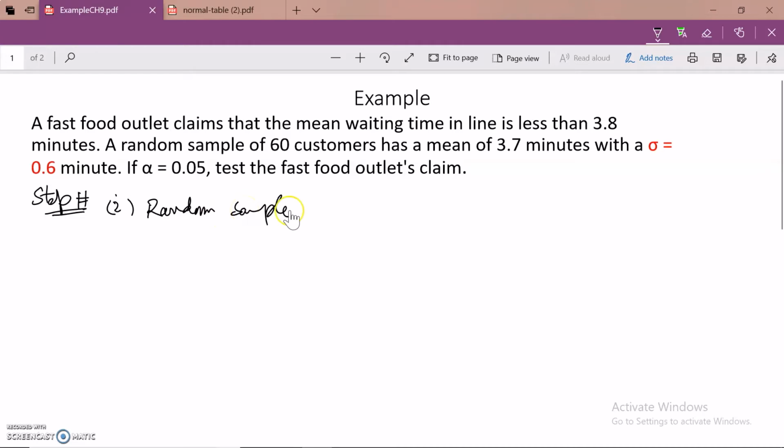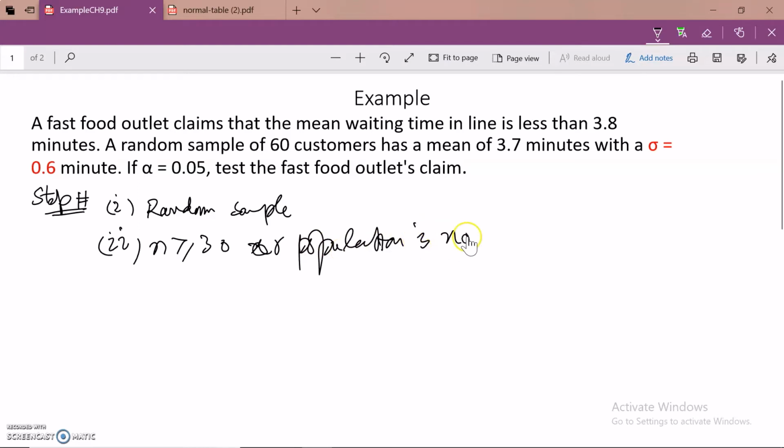And number two, either n is greater than or equal to 30, or the population is normally distributed, right? This is our sample size, it is 60. Look at that. N is equal to a random sample of 60, right?